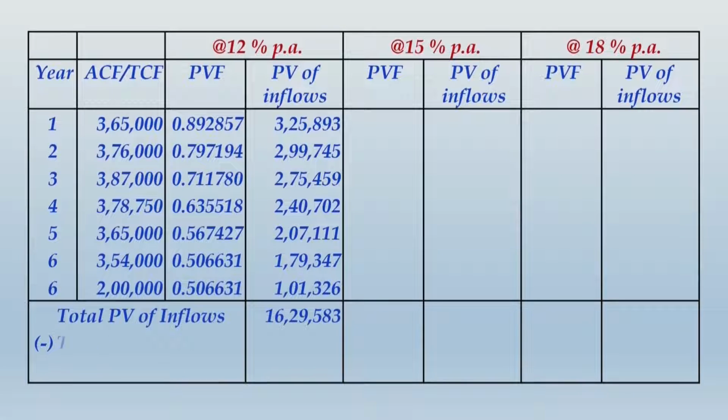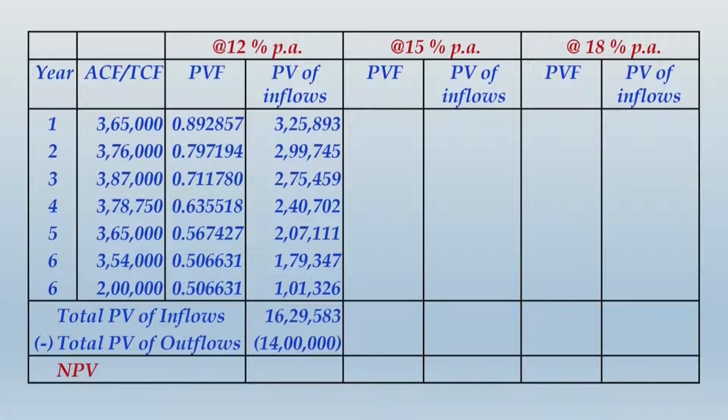From this, when you subtract the total present value of outflows, 14 lakhs, subtracted from 16,29,583, the result will be a net present value of rupees 2,29,583.